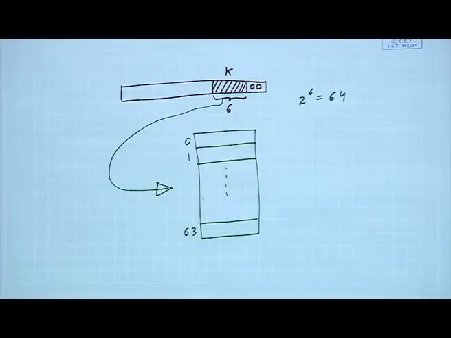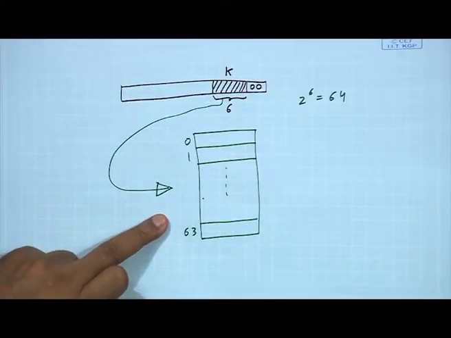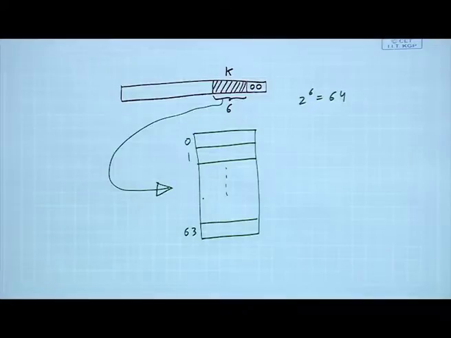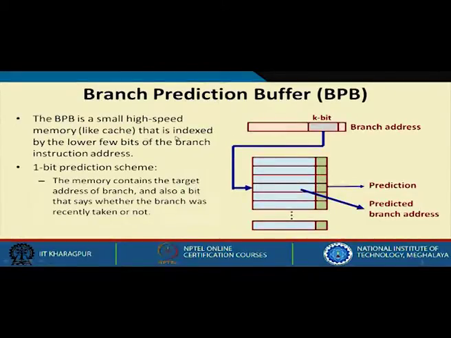Okay? This is what I am saying. These k bits index this BPB, and what is stored in this memory? Here the predicted branch address is stored. The predicted branch address can be either the address of the next instruction or the address of the target.